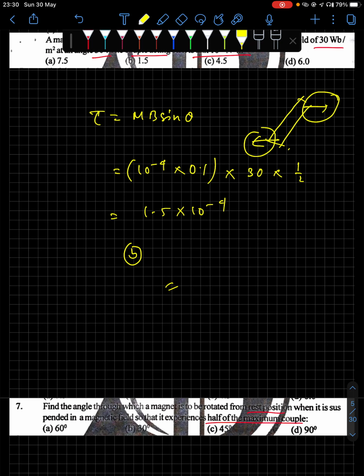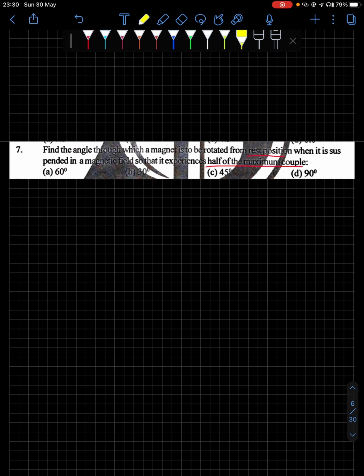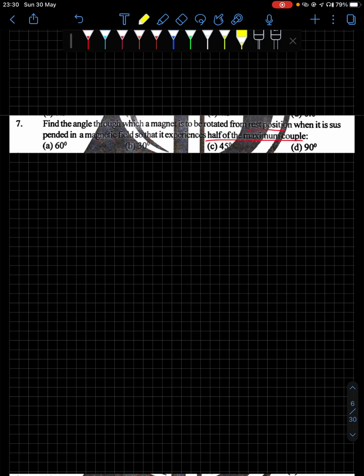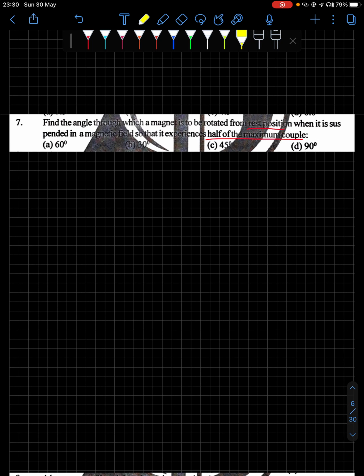Next, question number 7. Find the angle through which a magnet is to be rotated from rest position when it is suspended in a magnetic field so that it experiences half of the maximum couple. So you have to find out, from rest position, which is obviously 0 degree, you will rotate it to an angle theta.